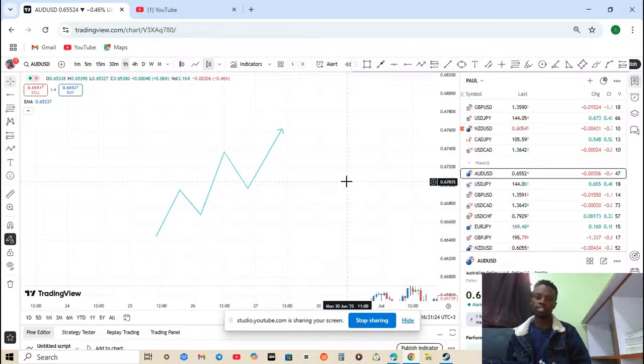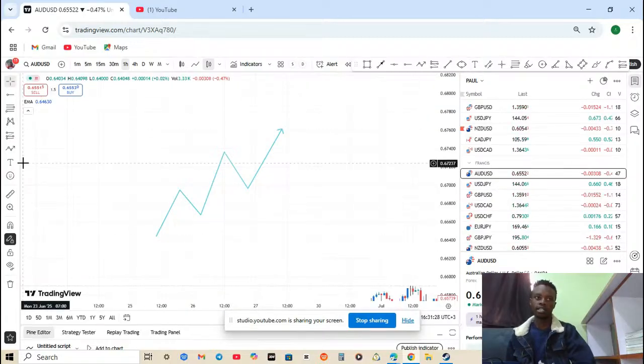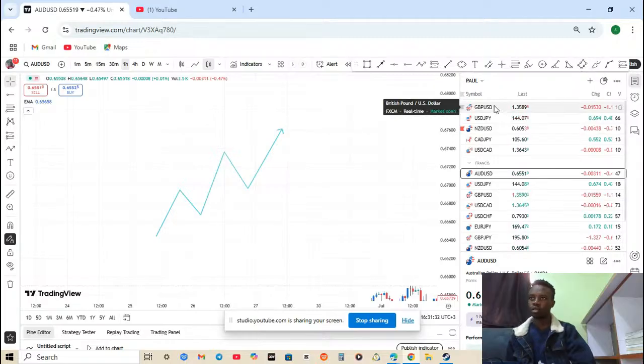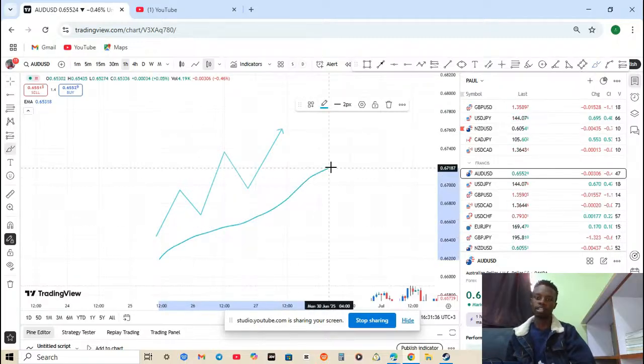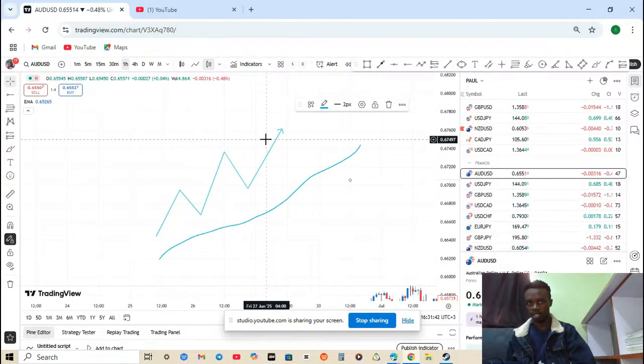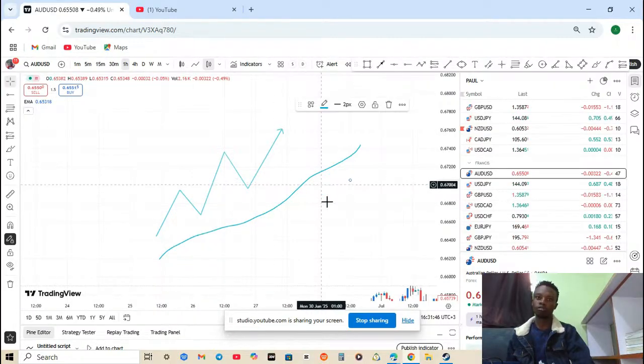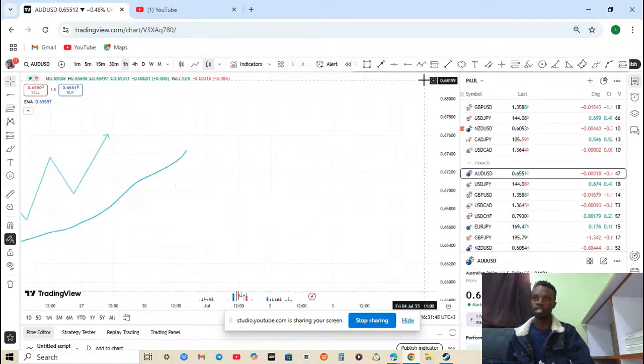What I look for is the market must be in a very clear uptrend, and despite being in an uptrend, I also look for the market to be above the 50 exponential moving average. So this is the 50 exponential moving average. The market must be in a clear uptrend and above the 50 exponential moving average. If it's in a downtrend, it's just vice versa.